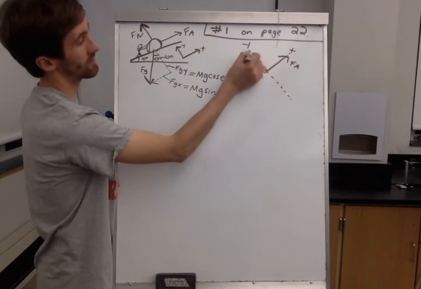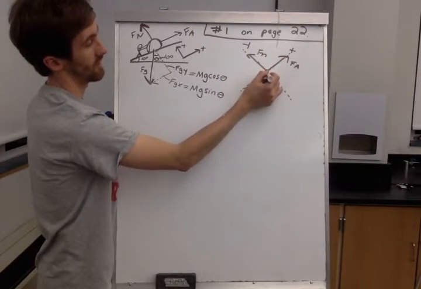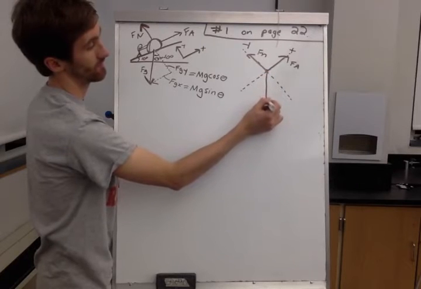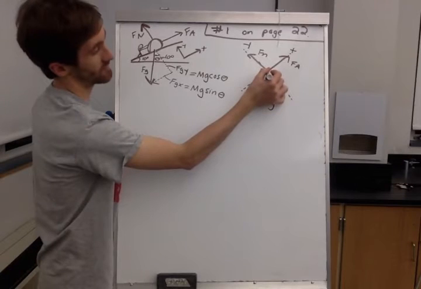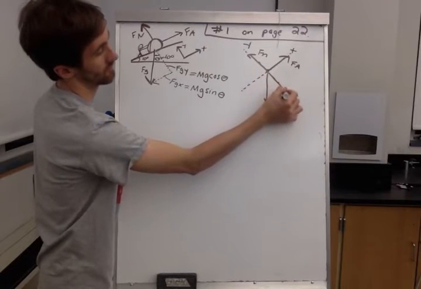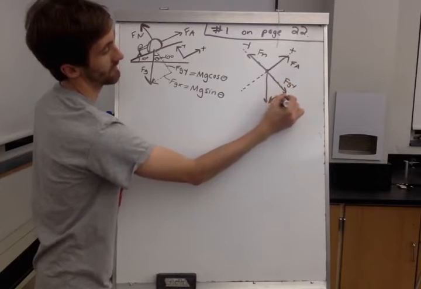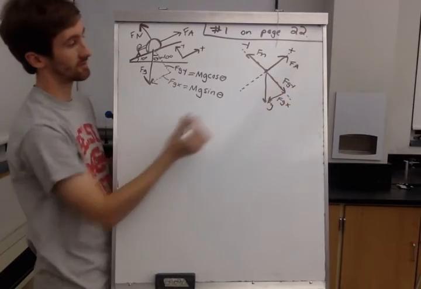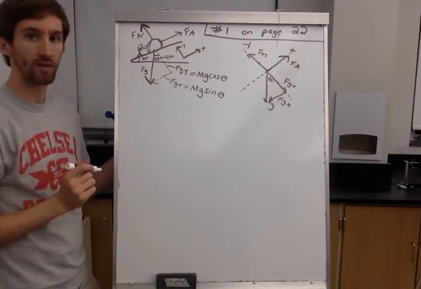Going in the y direction, the normal force. And going straight down is gravity. But I know that gravity turns into Fgy and Fgx. And that is my angle. So I've got my free body diagram.